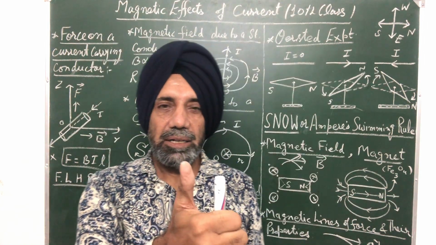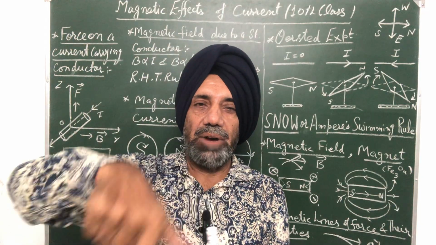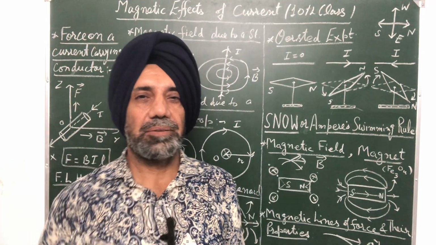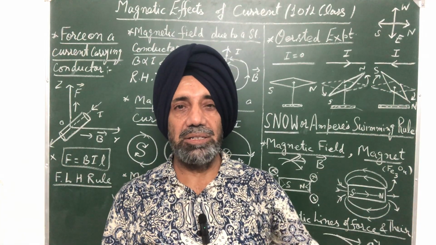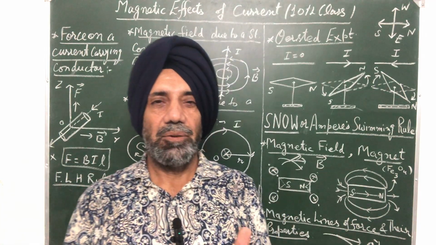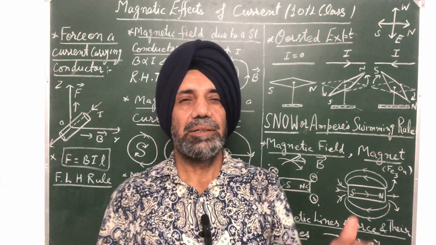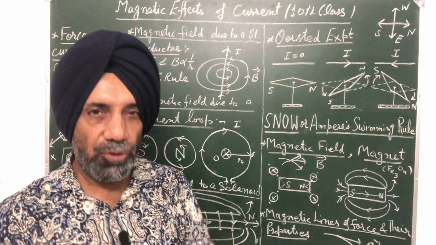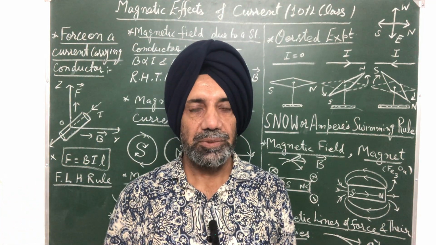It means magnetic lines of force are concentric circles having the wire at the center, and the direction of the magnetic field is given by the right hand thumb rule. Very simple.